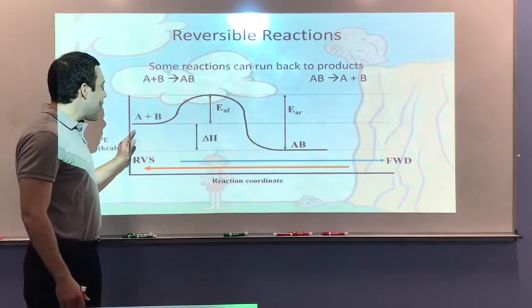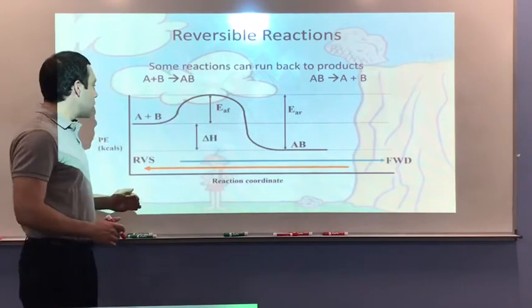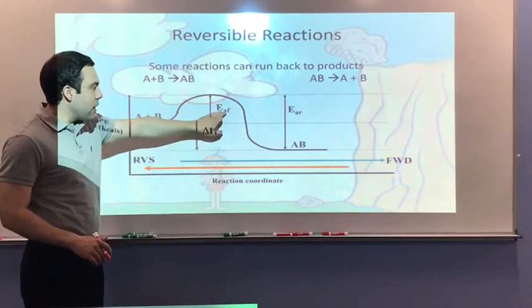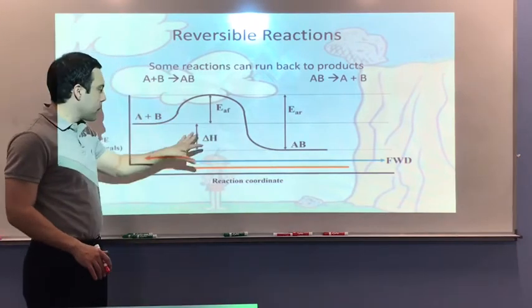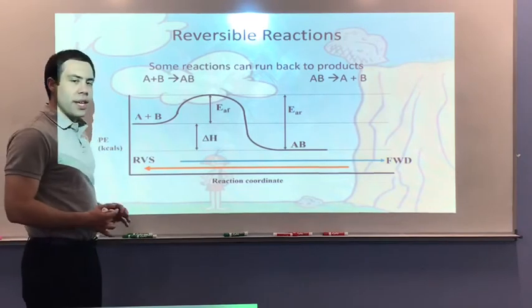Here we have an exothermic chemical reaction. So we have the reactants, the energy of activation for the forward reaction, and then we have the energy of the products. In the middle we have delta H. So the forward reaction is exothermic.